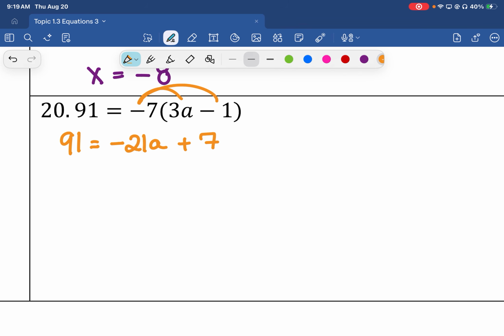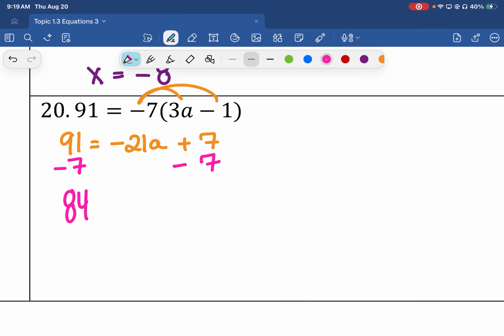Okay, now, is there any like terms I need to combine? No. But I do need to get my variable alone. So what do I need to do? Add 7 on both sides. What is 91 minus 7?